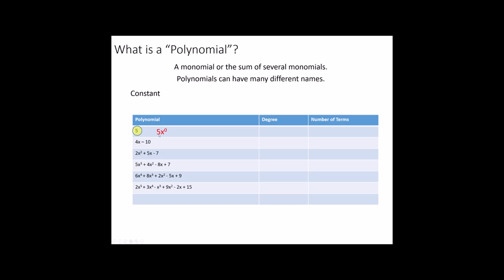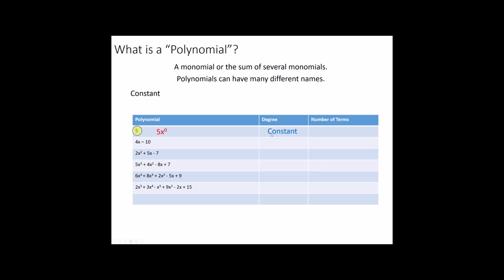Remember, if we wanted to fit it to that ax to the k power form, this would be 5 times x to the 0, because x to the 0 is a 1, and 5 times 1 would just be 5. Anything that's to the 0 power is considered to be a constant monomial. This one is considered to be constant because anything to the 0 power is 1. 1 times 5 is 5. So no matter what value you plug in for x, this will never change.